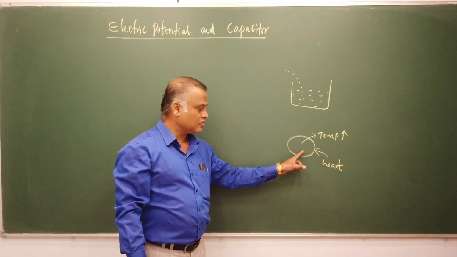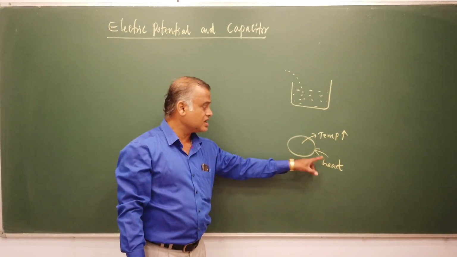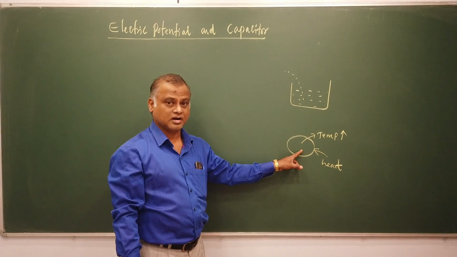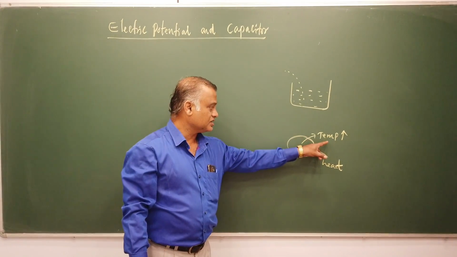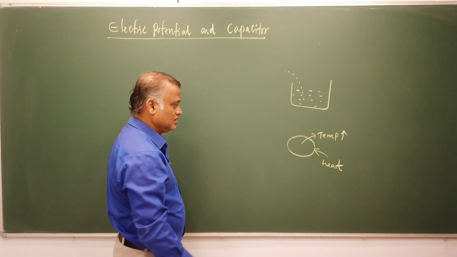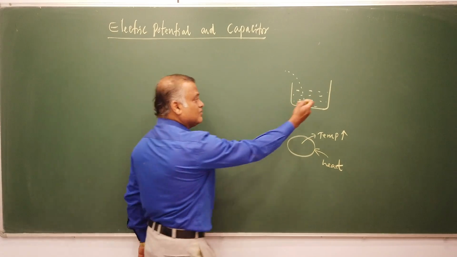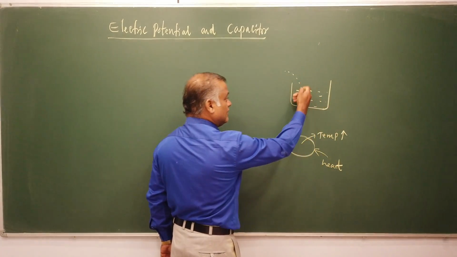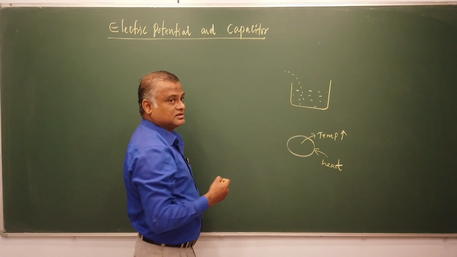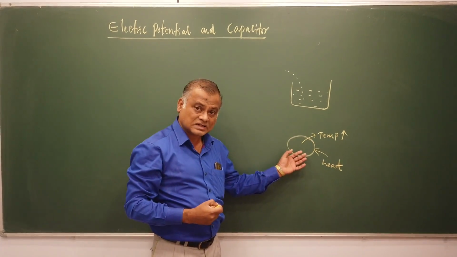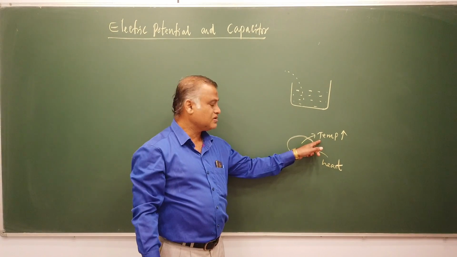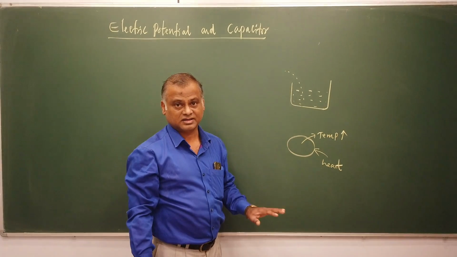On adding water, the level of water increases and pressure increases. On giving heat to a body, a good conductor of heat, its temperature increases. If I remove water, the level decreases, pressure decreases. If I extract heat, the temperature of the body goes on decreasing.